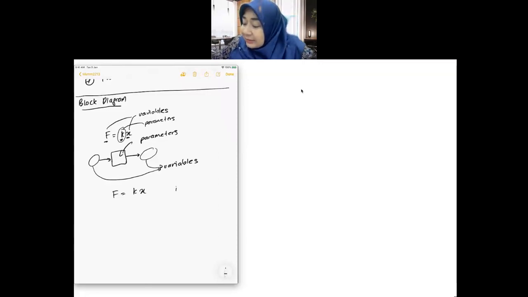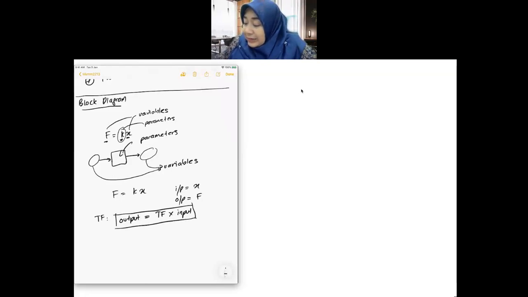Let's say I decided input is X, output is F. The equation of the transfer function of your block, TF is transfer function, is represented by output is equal to transfer function multiplied by input.